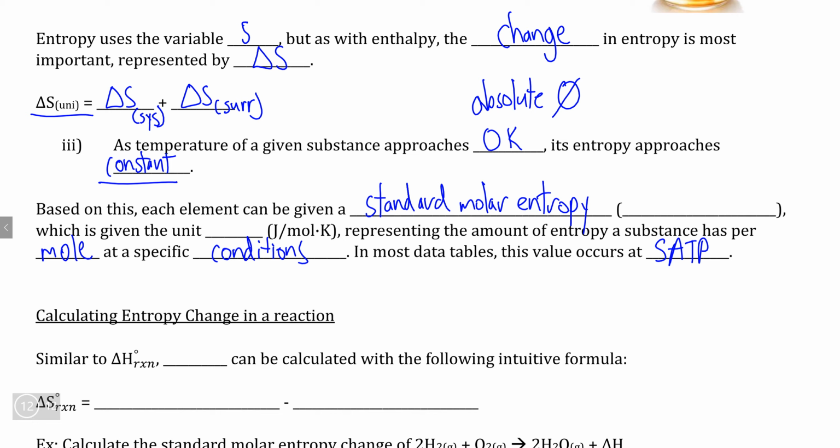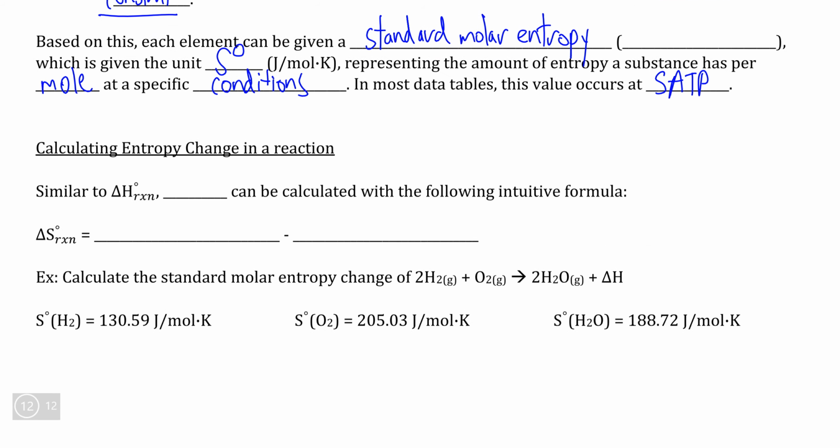The standard molar entropy of a given substance is labeled with the variable S0, or S with a superscript degree sign, listed in joules per mole per degree Kelvin. This allows us to use standard molar entropy in order to calculate the change in entropy from the reactants to the products exactly the same way that we would calculate delta H of reaction.